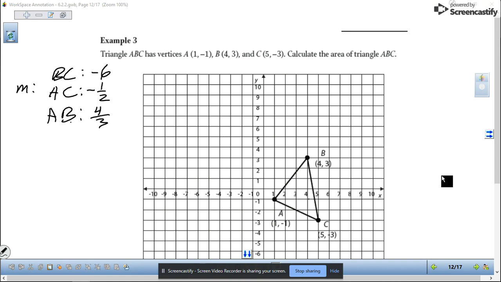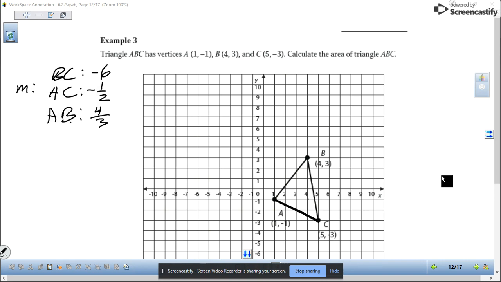So here we go. We're going to make AC be our base, which means I need a line that is perpendicular to that line coming from B. So the first thing I need to do is figure out what my equation is for AC. Again, we already had the slope for AC was negative 1/2. So if we do our point slope formula, pick a point on that line, so 1, negative 1.